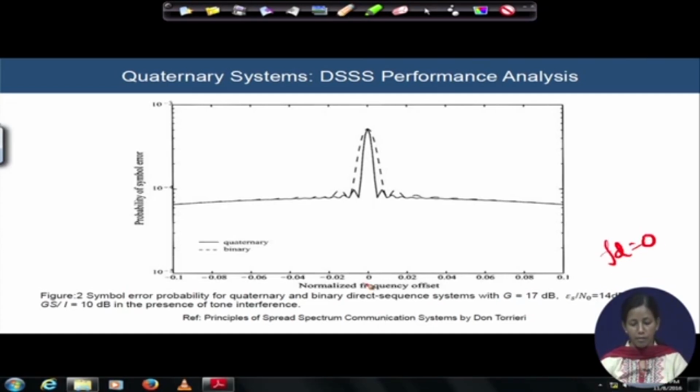If the normalized frequency offset is exactly 0, then both have the exact same performance. But with some normalized frequency offset, the quaternary system gives a little bit better performance compared to the binary system, and this improvement vanishes if we increase the normalized frequency offset further.